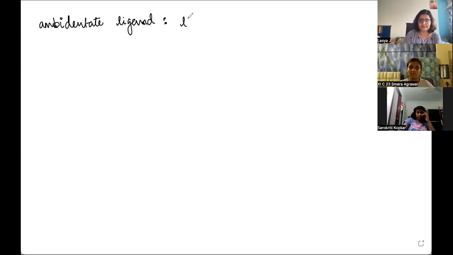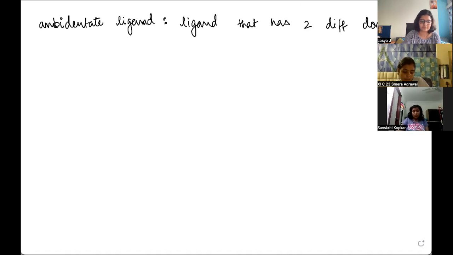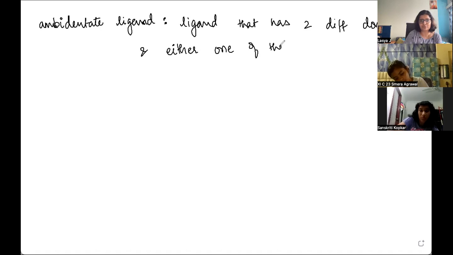So basically, a ligand that has 2 different donor atoms, and either one of them, not both, any one of the 2, ligates in the complex.